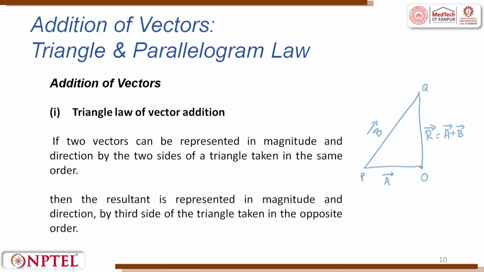So, triangle law of vector addition. If two vectors can be represented in magnitude and direction by the two sides of a triangle taken in the same order, then the resultant is represented in magnitude and direction by the third side of the triangle taken in the opposite direction. So, here the arrow goes like this and the arrow goes like this.